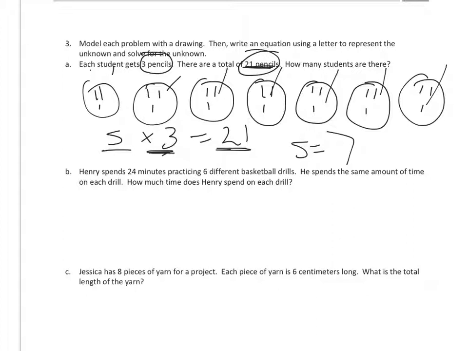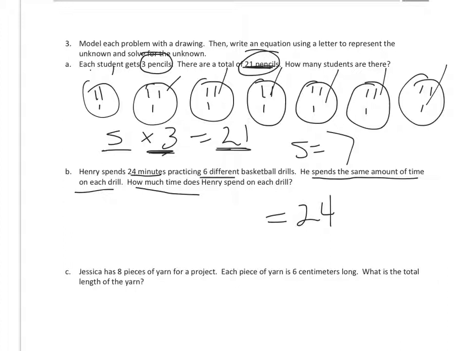Alright, on to B. Henry spends 24 minutes practicing 6 different basketball drills. He spends the same amount of time on each drill, which means we have equal groups. How much does Henry spend on each drill? Okay. We have a total of 24 minutes, which means if we want to do multiplication, we have to put the total over here. So it equals 24.